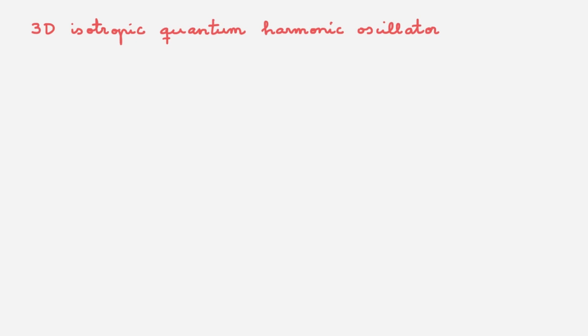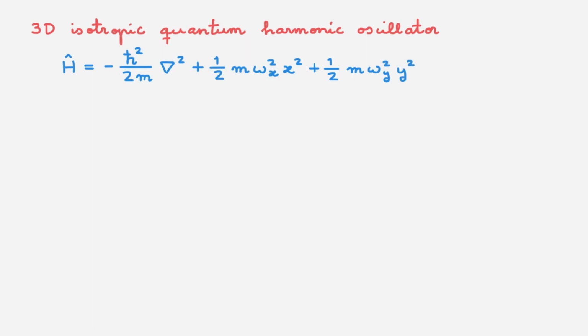So let's go. Let's think about the three-dimensional isotropic quantum harmonic oscillator. Working in the position representation and using Cartesian coordinates, the Hamiltonian H has a kinetic energy term, and then the defining feature of a harmonic oscillator is the quadratic form of the potential energy term, which in 3 dimensions can be separated into a term proportional to x squared, a term proportional to y squared, and a term proportional to z squared.